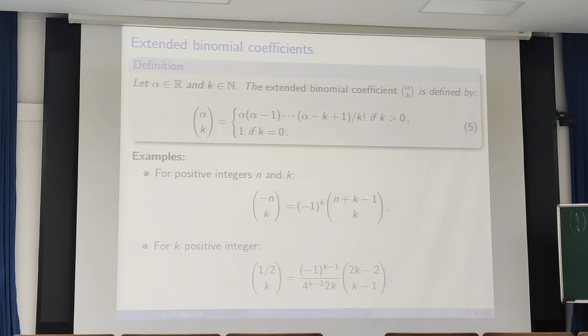If you carry on, you will have minus 5/2. Each time you decrease by 1. Finally, the last term will be minus 2k plus 3 over 2. If we put the minus sign here, you get this.